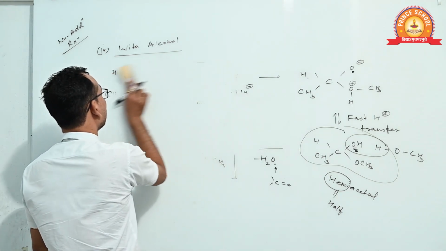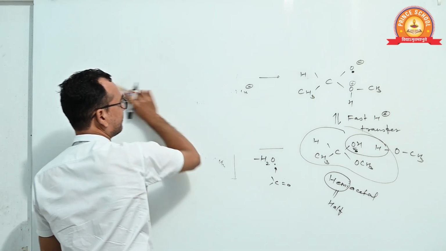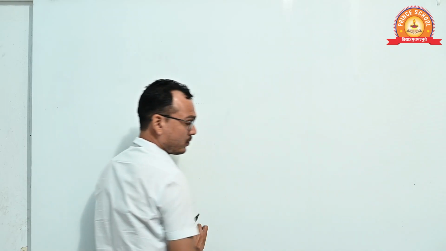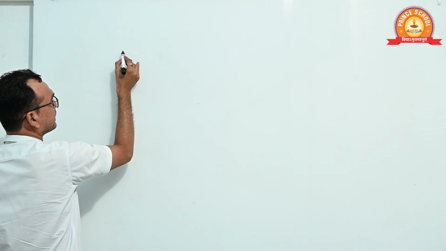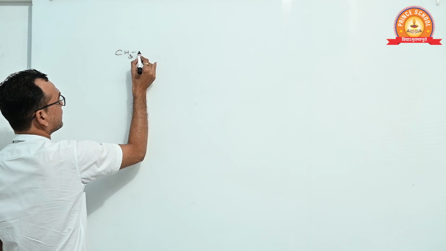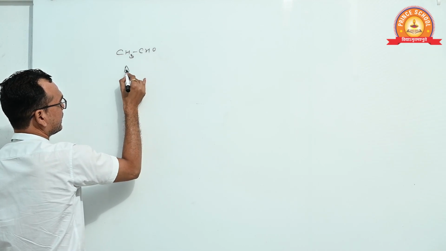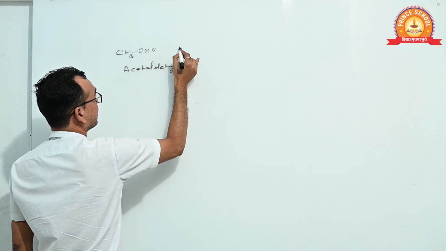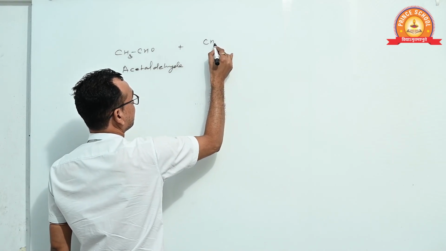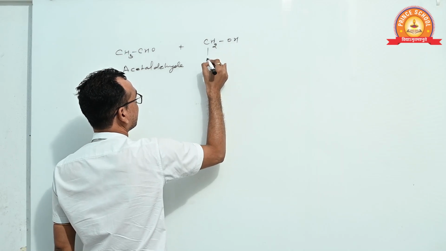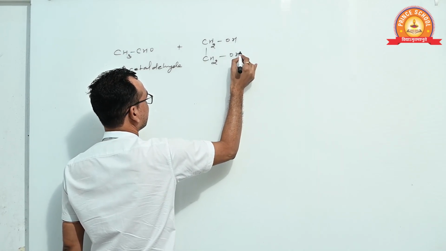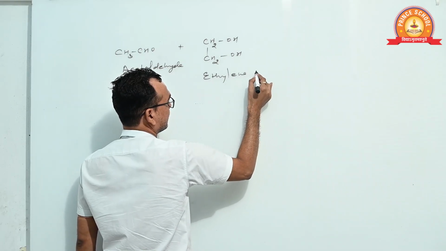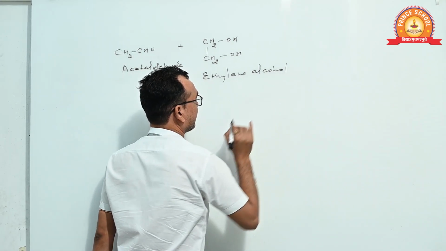What happens when acetaldehyde reacts with ethylene alcohol? What happens when acetaldehyde, CH3CHO, this is the acetaldehyde, reacts with CH2OH and CH2OH. It is the ethylene alcohol. Clear?